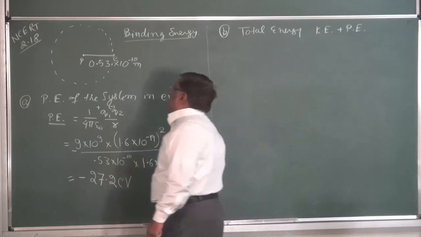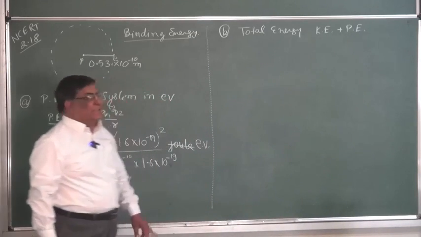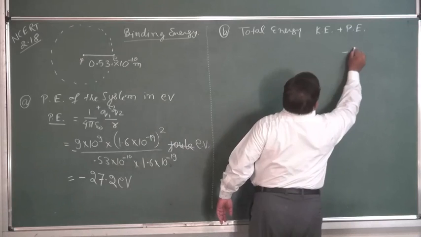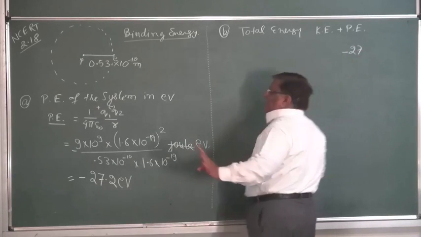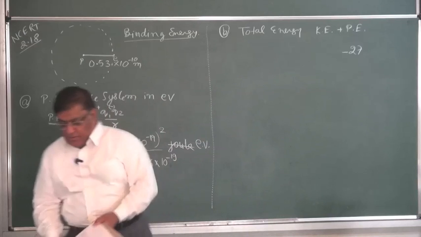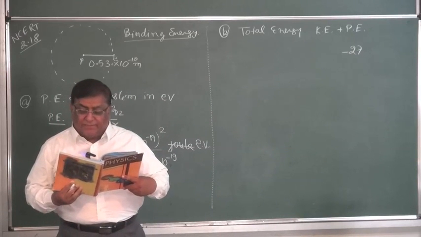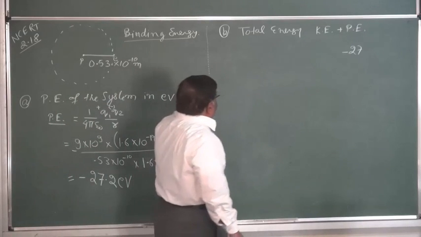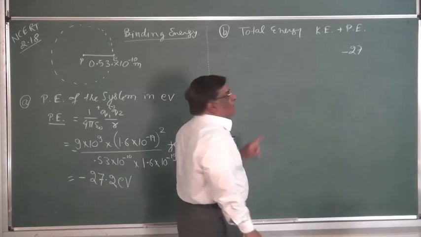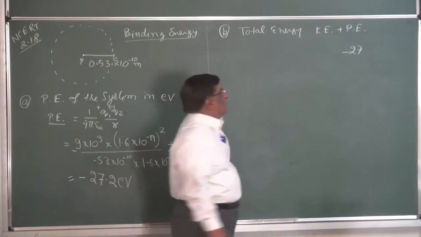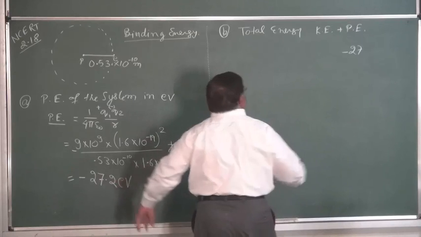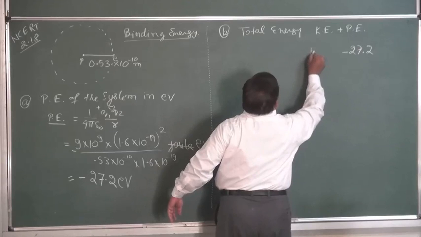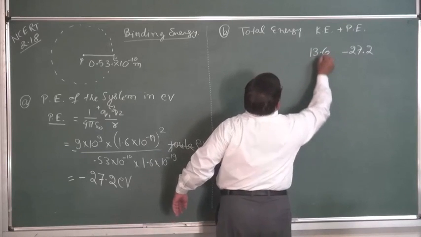What is this question asking? The minimum work required to free the electron, so we have to find the total energy. It is given in the question that kinetic energy is half of the potential energy. This is the potential energy, minus 27.2, and half of this is 13.6. This is kinetic energy.